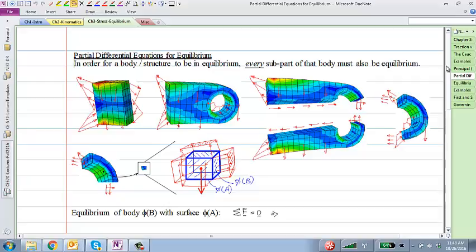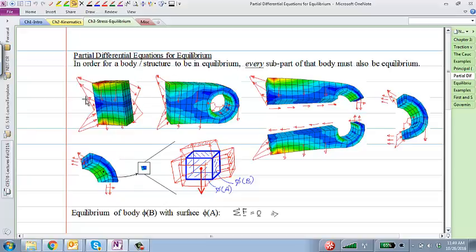What we've been doing till now is just establishing what is stress and how it is related to traction. What we're going to do now is figure out the conditions or equations that need to be satisfied for a body to be in equilibrium. And keep in mind, when we talked about equilibrium, we said that every sub part of the body must be in equilibrium for the whole body to be in equilibrium.